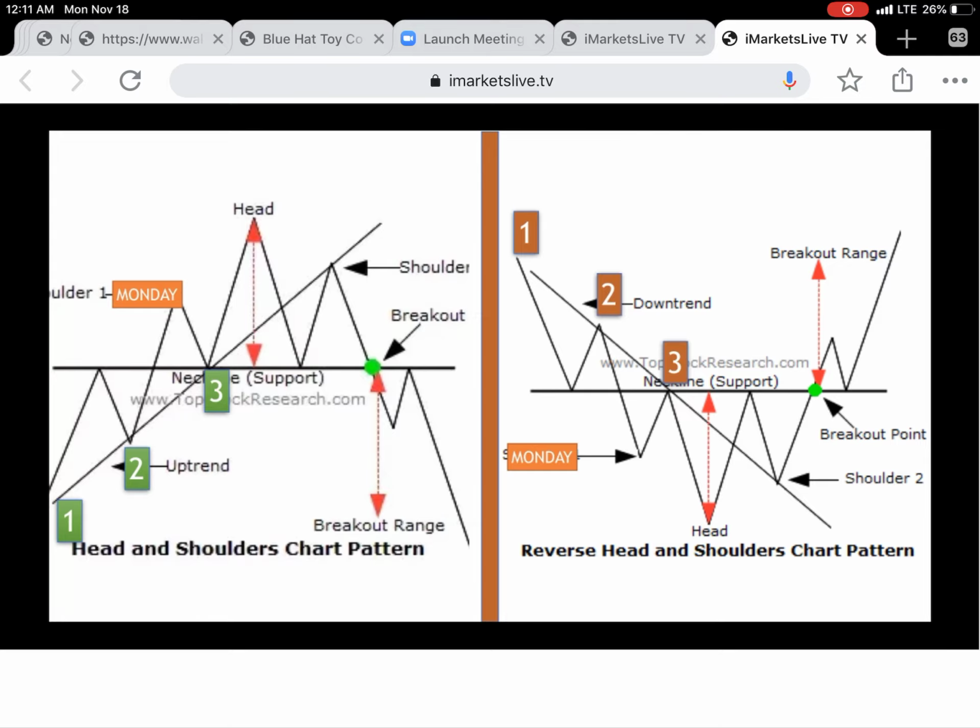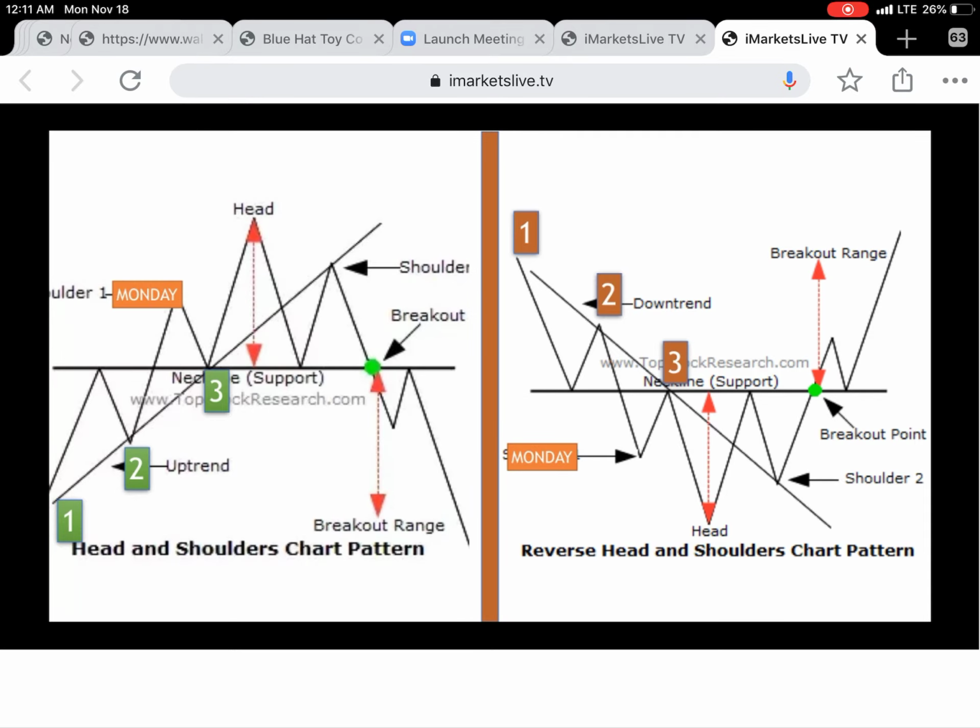Now, once you have the third, notice we have the third touch to that trend line. That's going to be the low of Monday. Now, it may not always be a Monday, but what I'm doing right now is helping you understand that when Monday is created, we wait for that market to come 100%. You see where the number 3 is?